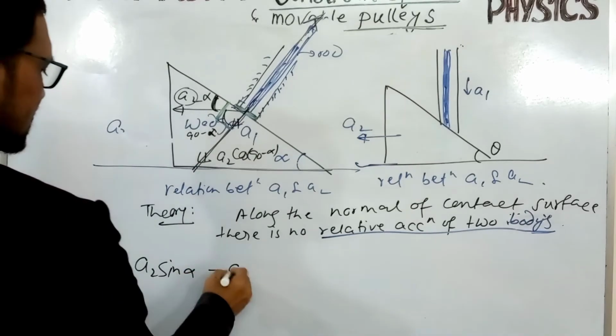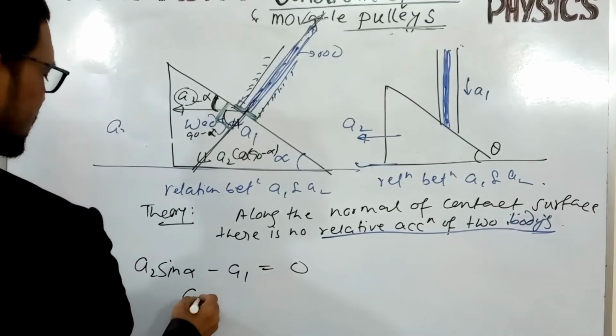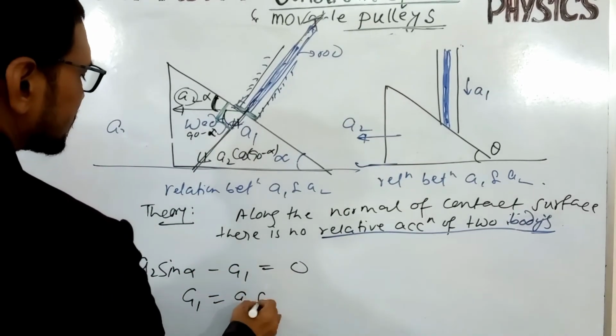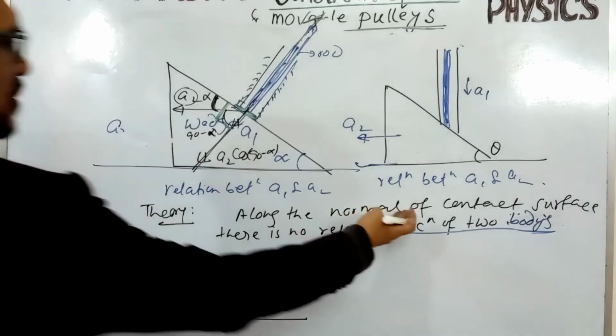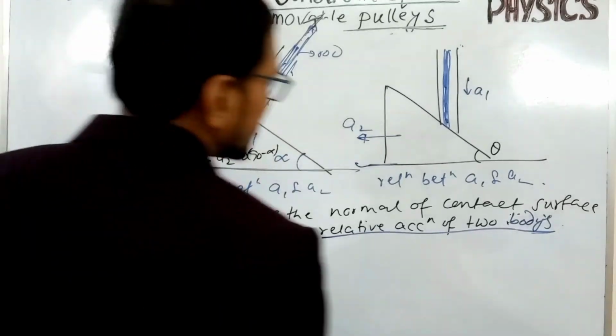So the relative acceleration is this minus this, that is a1 equal to a2 sin alpha. This is the result.